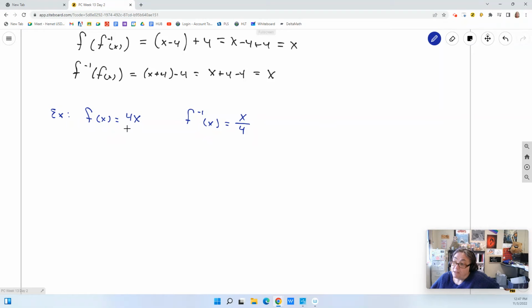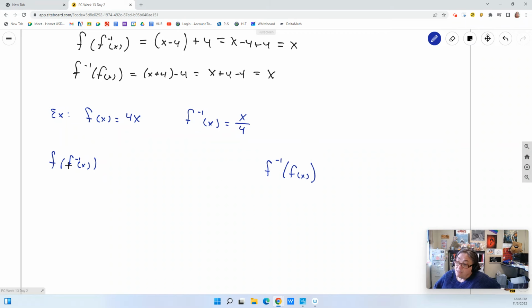Because here it's being multiplied by 4, which means to me the inverse would be to divide it by 4, right? And now I have to verify that. I have to verify it as if I'm plugging the inverse in for x, and then I will have to also verify it in the other direction where I've got the f inverse and I'm plugging in f of x, right? So we have to verify this in both directions.